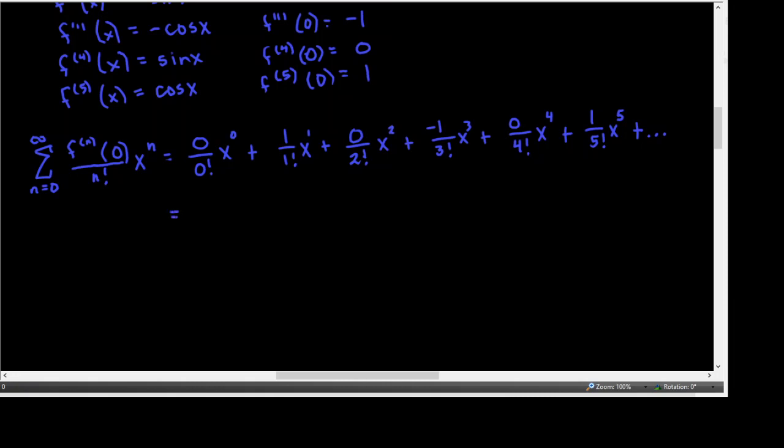simplifying, 0 divided by 0 factorial is 1. 0 divided by 1 times 1 is 0. The second coefficient simplifies to be 1 times x.